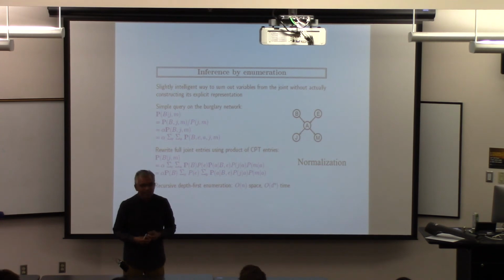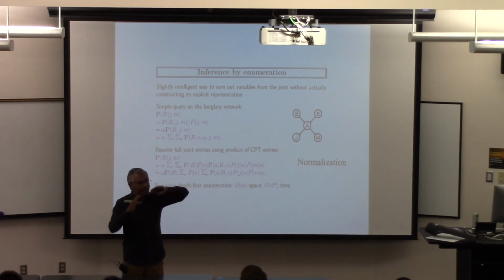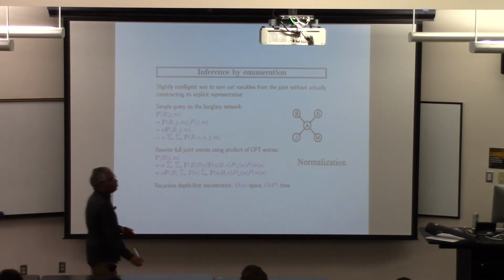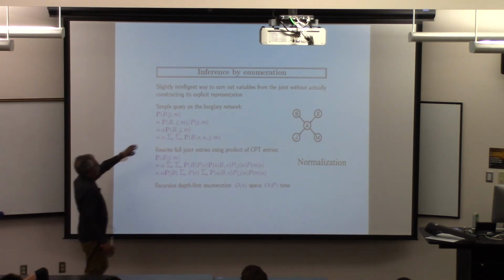After you do that memoization, you get to the first good idea for Bayes network exact inference called variable elimination. But you see where it's going. The simplest zeroth order idea is make the entire joint distribution and then answer every query. Second is only compute the part of the joint distribution that I need. The third is do that more efficiently. Those are what we're going to show you today.